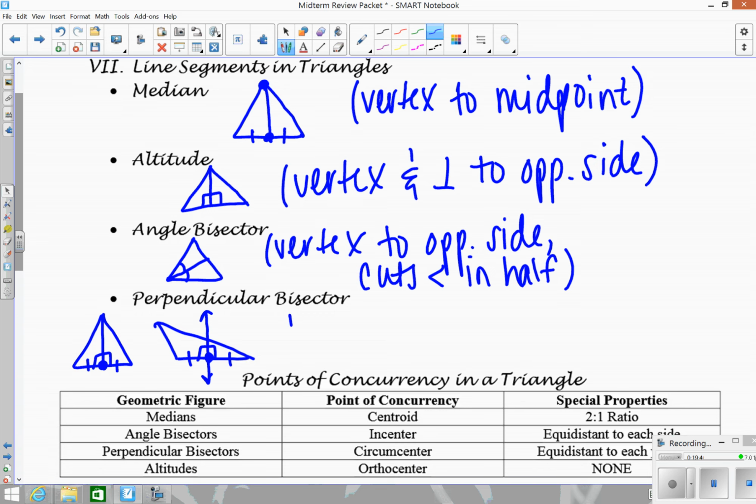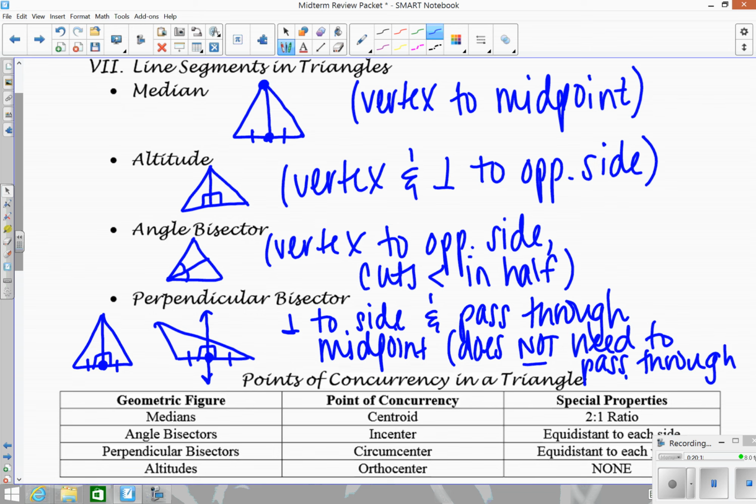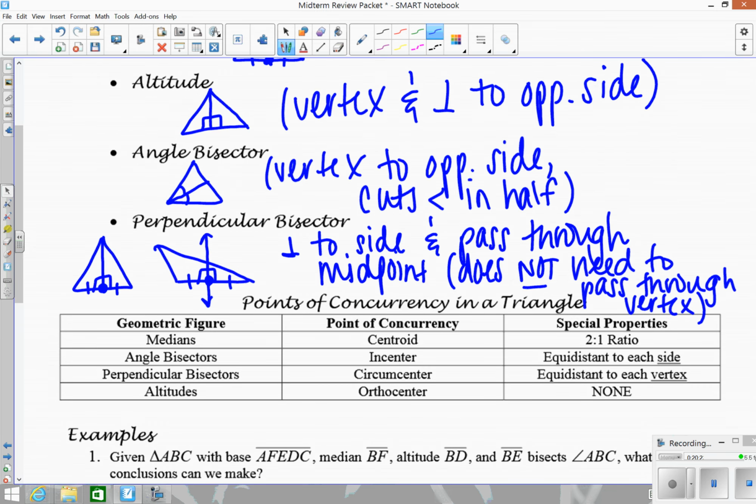So it has to be perpendicular to the side, and pass through the midpoint. It does not need to pass through the vertex. It can sometimes, but it doesn't have to. It does have to pass through the midpoint, though. That's what gives it the bisect part.